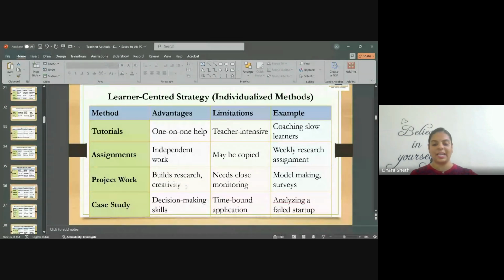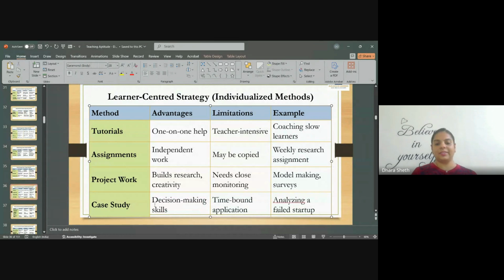It starts from there. Two people are working in the group and 2 people are not. So all these kinds of problems are there. Also, when students are attempting to learn something new, the guidance of the teacher is essential. So it builds research and creativity, but it also needs close monitoring from the teacher's end. Although the learning that happens in project work is a lot.